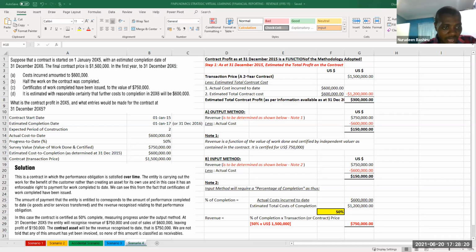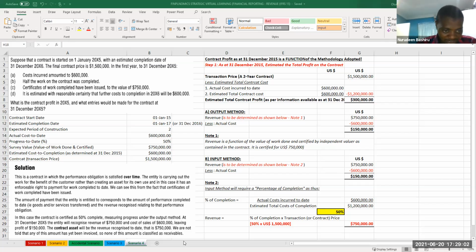We can see this from the fact that certificates of work completed have been issued. The amount of payment that the entity is entitled to corresponds to the amount of performance completed to date, i.e. goods or services transferred, and the revenue recognized relating to the performance obligation. In this case, the contract is certified as 50% complete, measuring progress under the output method. And at 31st December 2025, the entity will recognize revenue of $750,000 and costs of sales of $600,000, leaving profit of $150,000.